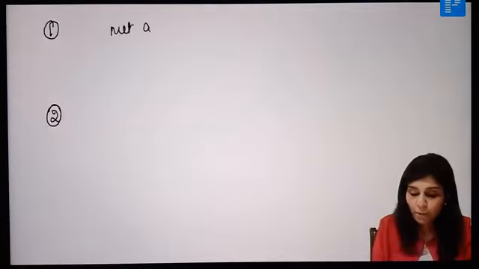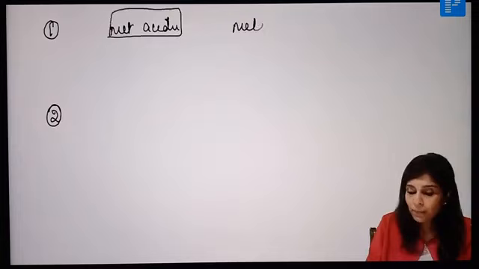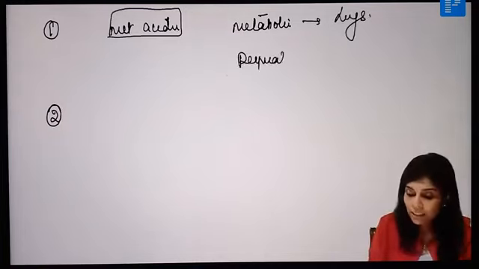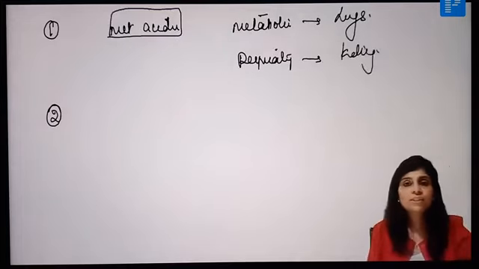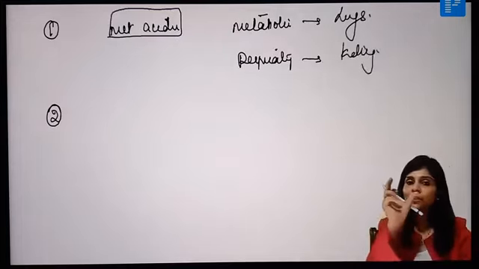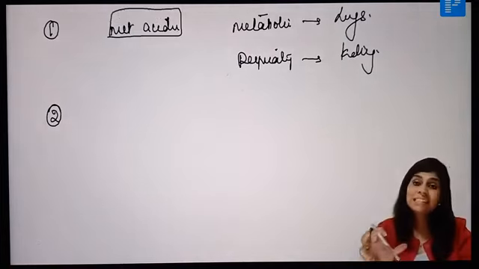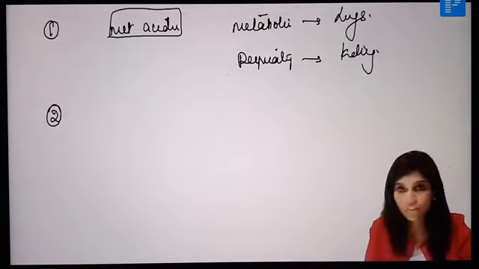If it's metabolic acidosis, whenever the primary disorder is metabolic, what will come for the compensation? Lungs will come for the compensation. Whenever the primary disorder is respiratory, what will come for the compensation? Kidneys will come for the compensation. Are you clear? If the primary disorder is metabolic, lungs will come for the compensation. If the primary disorder is respiratory, kidneys come for the compensation.